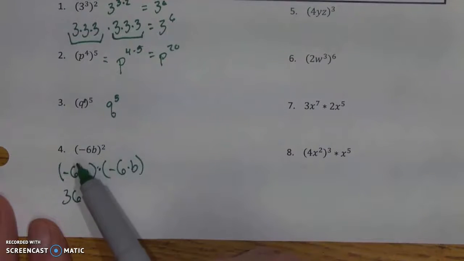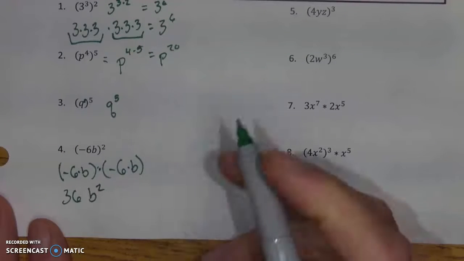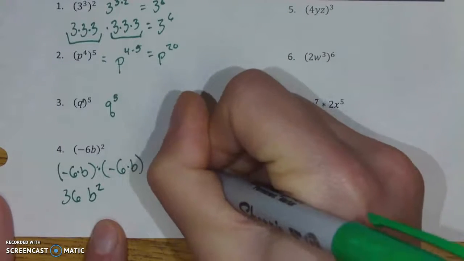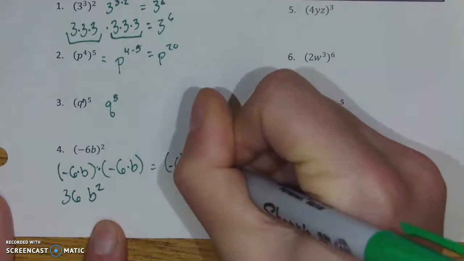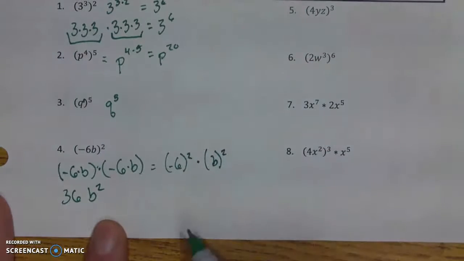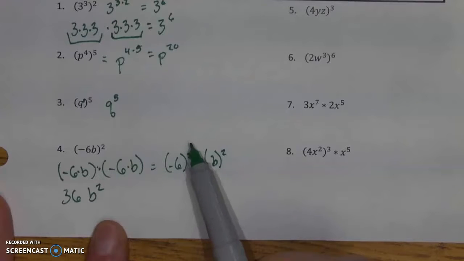You can also see that there's a bit of a shortcut going on here. What I've really done is I've taken that negative 6 and I've squared it, and I've multiplied that by my b's squared. I have 2 b's and 2 negative 6's multiplied.